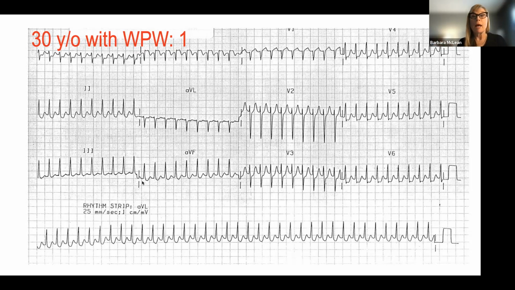Okay, now this patient has ST segment abnormalities, but those are not from a non-STEMI. Those are repolarization abnormalities because they have WPW. So if this patient came to the emergency department and said they were having some chest discomfort, you would think right away, this is a non-STEMI. Look, I've got ST segment depression in V4, 5, and 6.